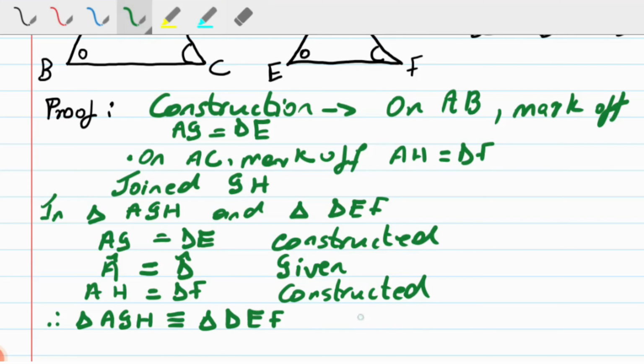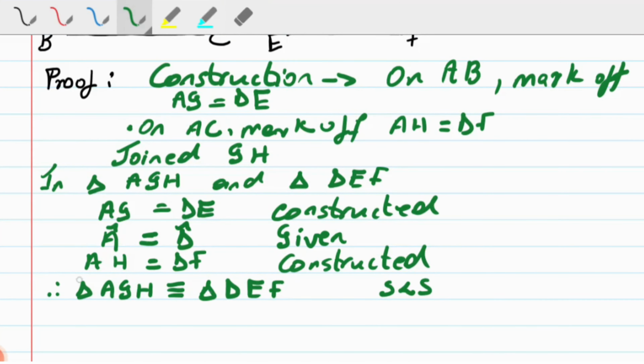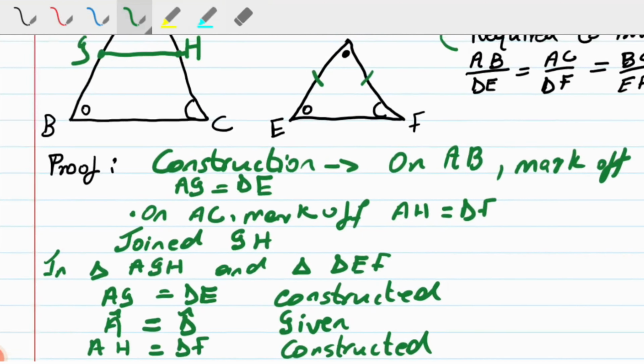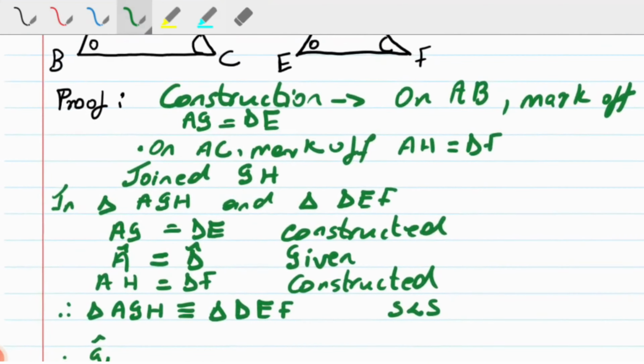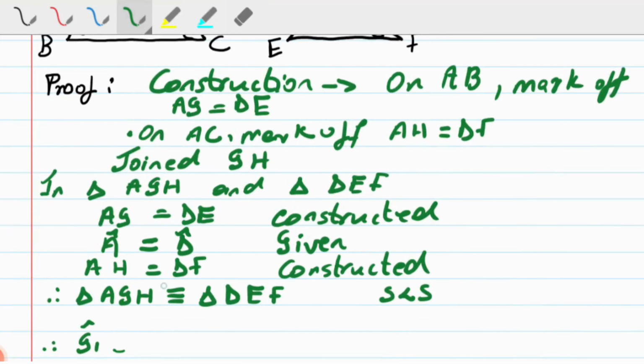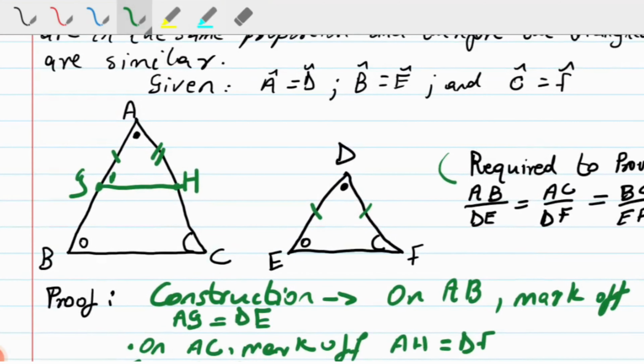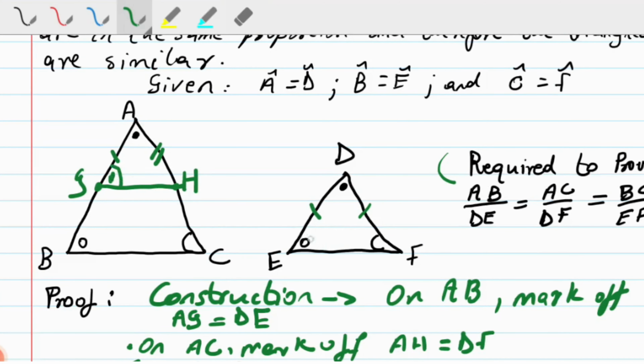What is our reason? Because we just proved side angle side. Since these two triangles are congruent, therefore angle G1, let's name this angle G1, will be equal to angle E. So we're talking about these angles here.